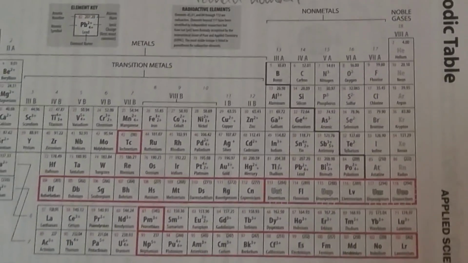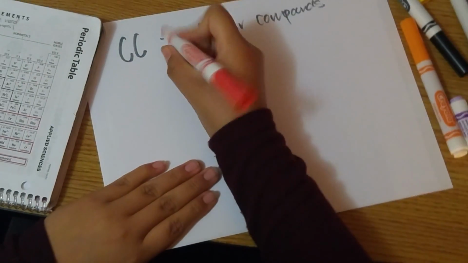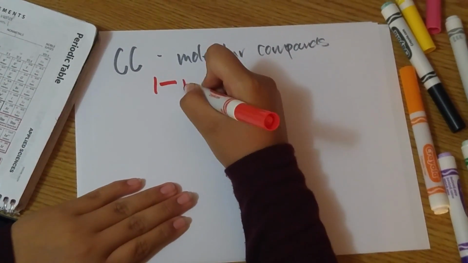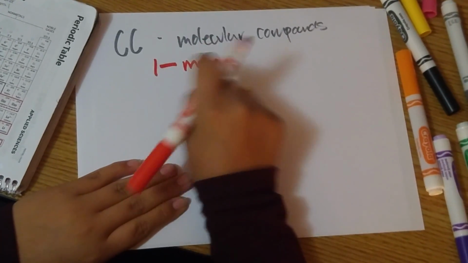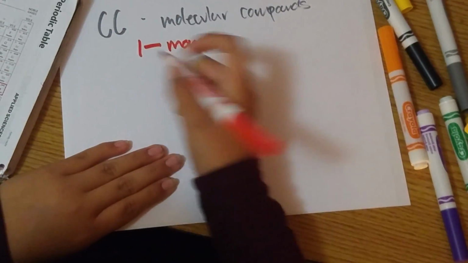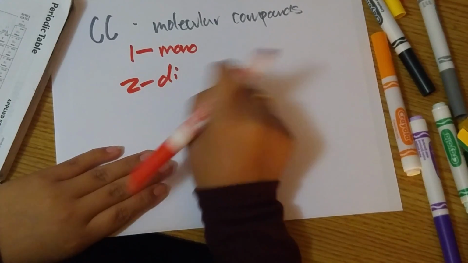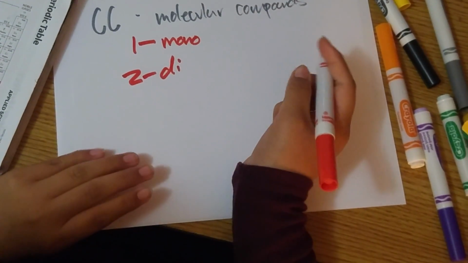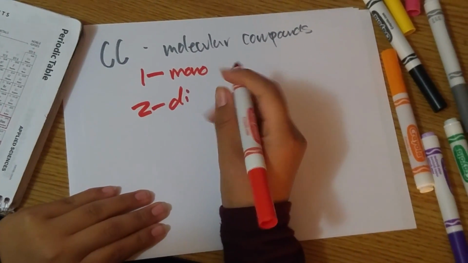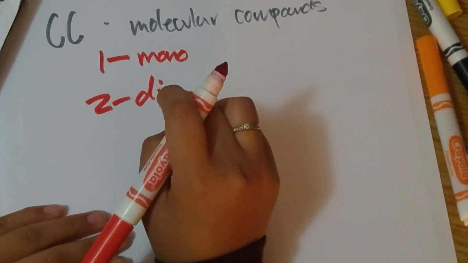And when these two are together, you're going to need to use a special chart that is filled with Greek prefixes. Now, what I'm talking about is you'll have to use, one would be mono. These tell how many of that particular atom there are. If there's 2, it'd be di. Prefixes mean they go before, at the front of the element.